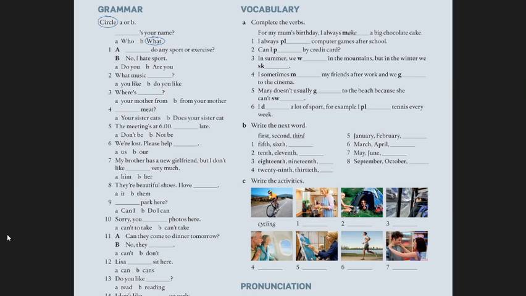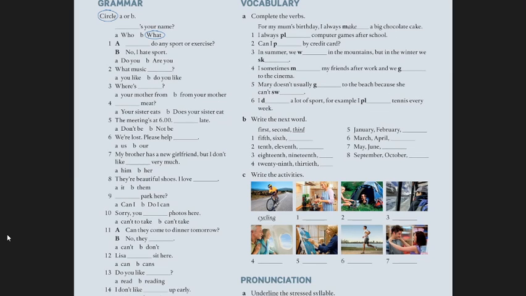I always play computer games after school. Can I buy it with a credit card? In summer we stay in the mountains, but in the winter we, okay? So you have the first letters of the verbs to help you. Then in activity B, you have to write the following words in the sequence, okay?